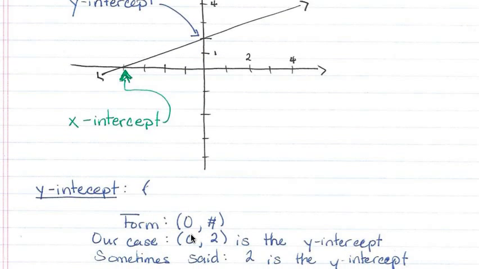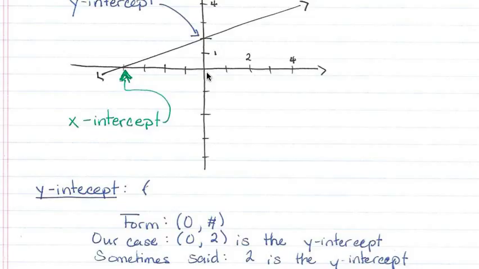Remember from ordered pairs that this first value is an x value. So if the x value were 1, it would be out here. If the x value were -2, it would be here. However, if you're on this line, the x value is 0. And then we can go up or down, or not, in the y direction when we're talking about the y-intercept.